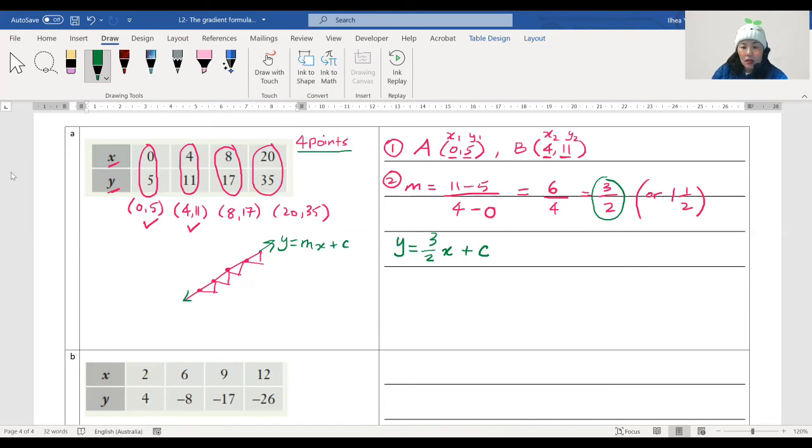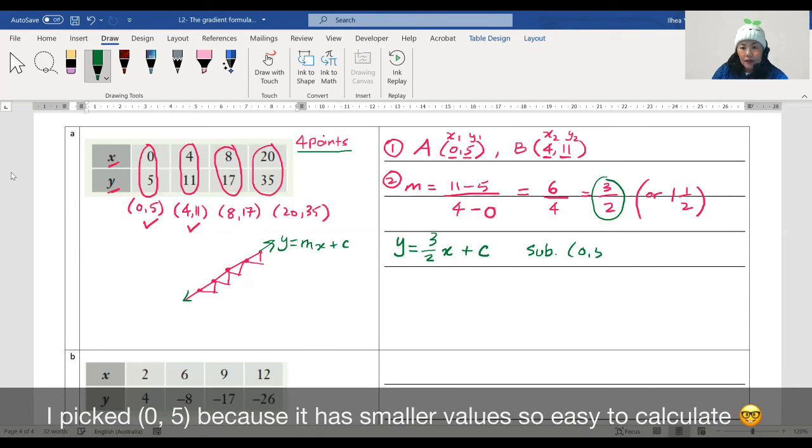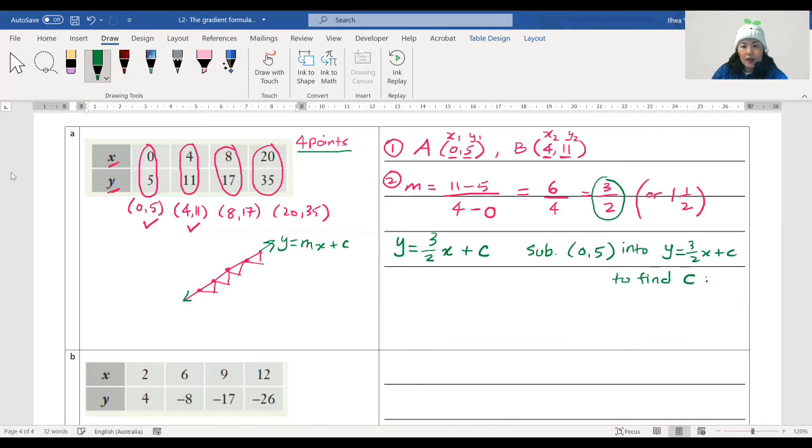So I'm going to substitute 0 and 5 into y equals 3 over 2x plus c to find c. This is not part of the question, but I just want to find out what the equation is for this table of values.